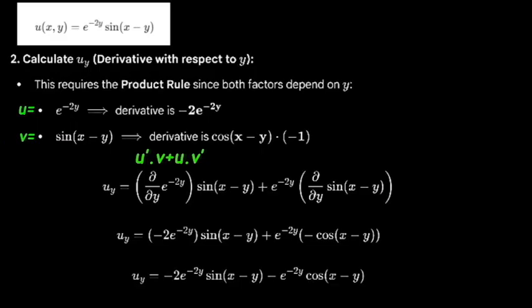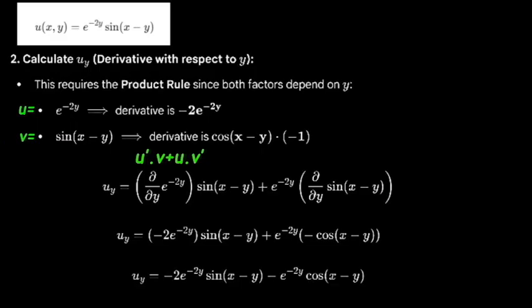So what is the derivative of sin(x minus y)? Using the chain rule that we used earlier, it's going to be cos(x minus y) multiplied by the derivative of the function inside the sine, which becomes negative 1, because we are finding the partial derivative with respect to y.